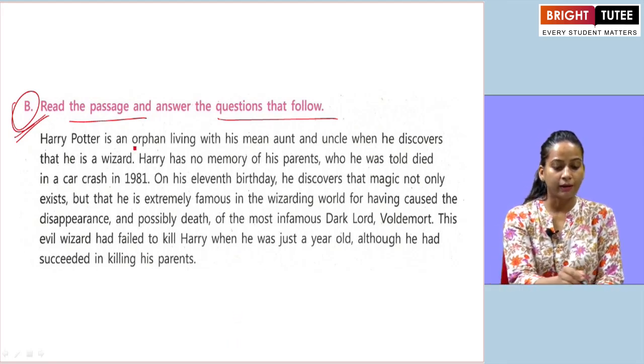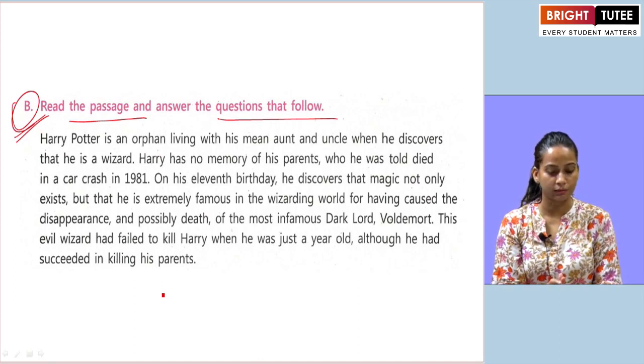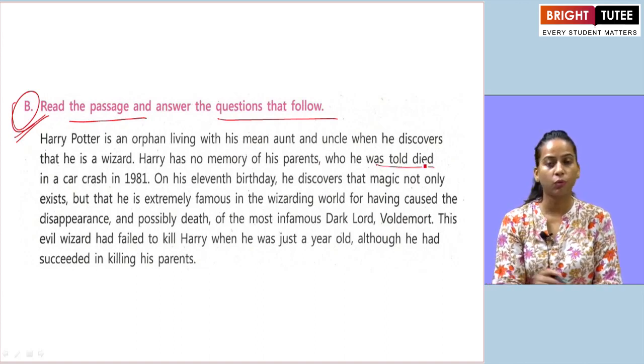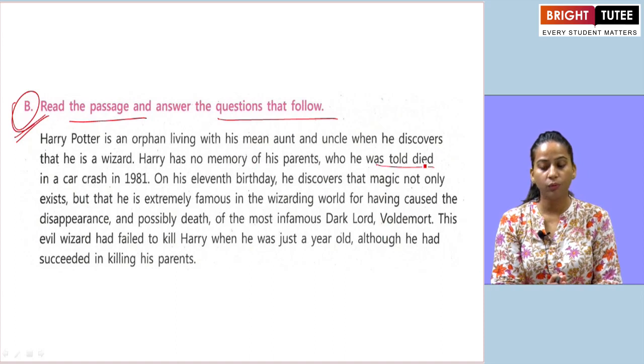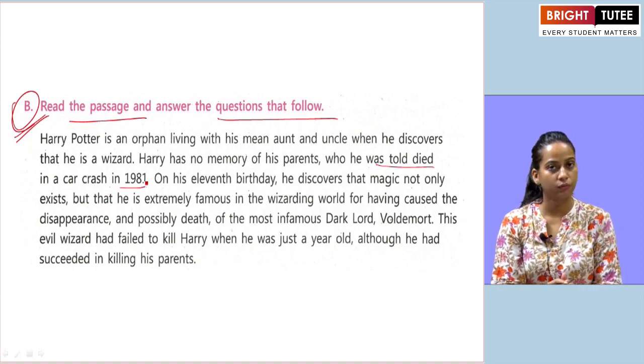Here, Harry Potter is an orphan living with his mean aunt and uncle when he discovers that he is a wizard. Harry has no memory of his parents, who he was told died in a car crash in 1981.